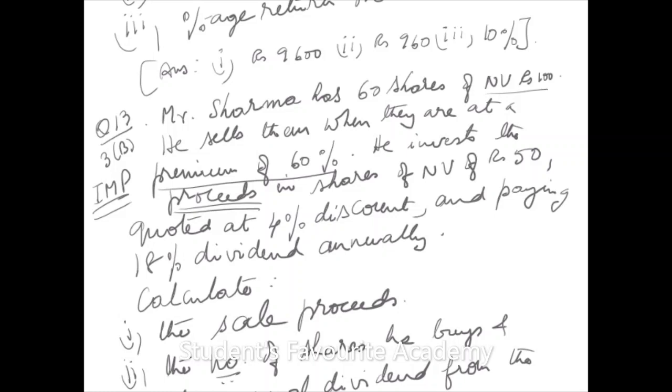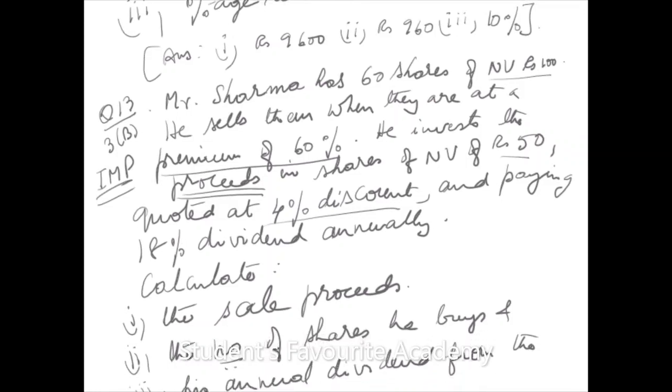This money he invests in shares of nominal value rupees 50 in another company, quoted at 4% discount, means they are sold at a discount of 4%, and paying 18% dividend annually.